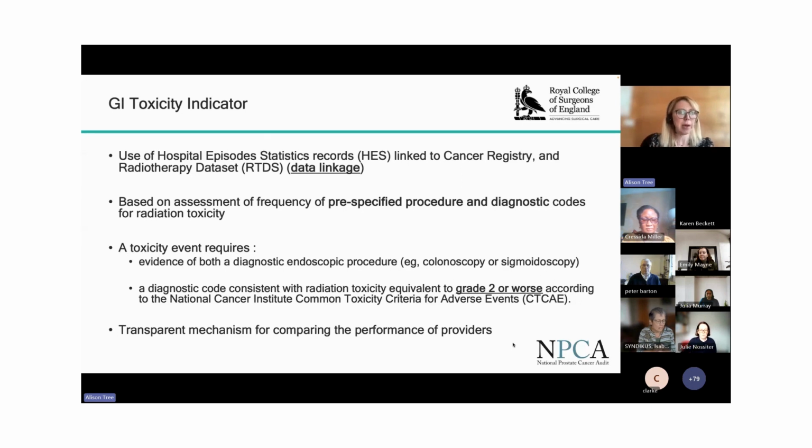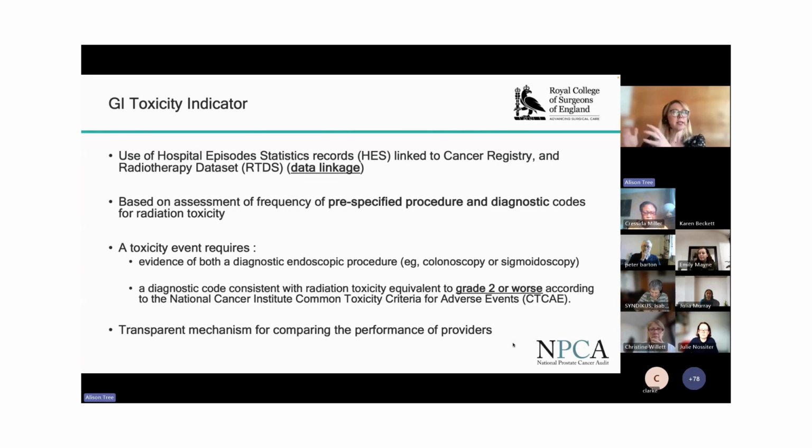For this toxicity indicator, we use hospital episode statistics, the HES database, and that is also linked to the cancer registry and the radiotherapy dataset, so three separate sources of data which are linked together. And this is based on assessment of pre-specified procedures and diagnostic codes.